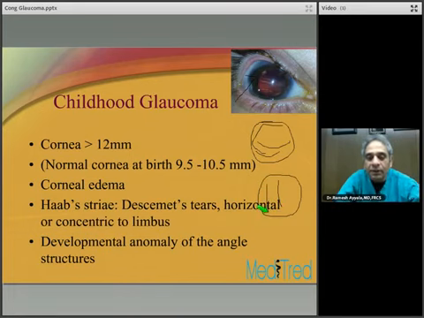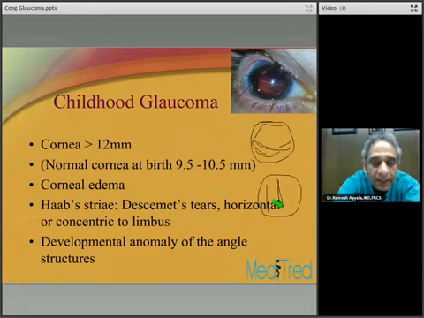So the Haab striae from congenital glaucoma are horizontal or concentric to the limbus, whereas the traumatic Descemet tears are vertical and related to usually forceps delivery. And again, as I mentioned previously, it's secondary to developmental anomaly of the angle structures.